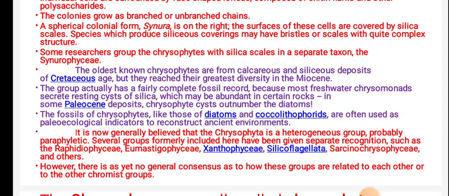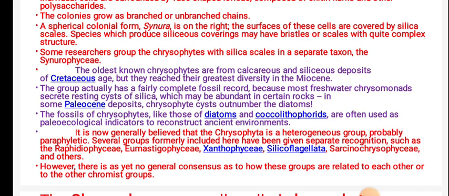In yesterday's lecture we have seen the diagrams for Synura. Secondly, according to some researchers, silica scales are also present in Synura. In the oldest condition, calcareous and siliceous deposits are from the Cretaceous age period.